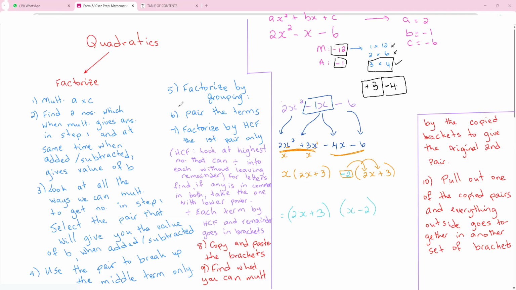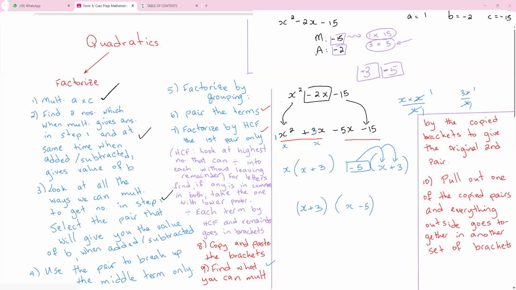So if we were to factorize the quadratic 2x squared minus x minus 6, my solution will be 2x plus 3 by x minus 2. All right, so this here would be factorizing a quadratic.